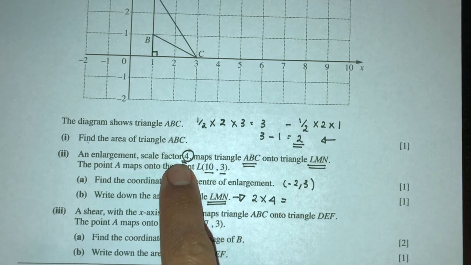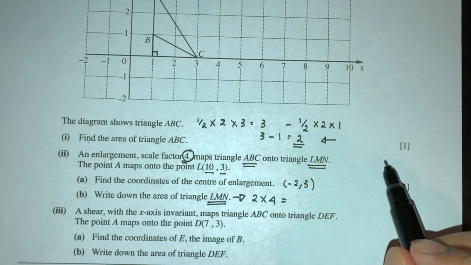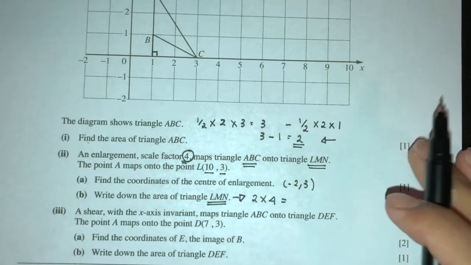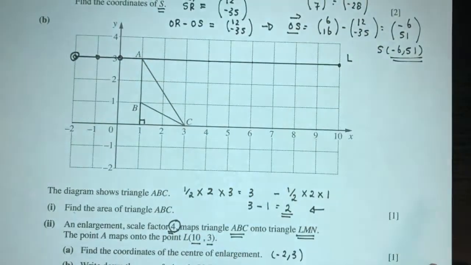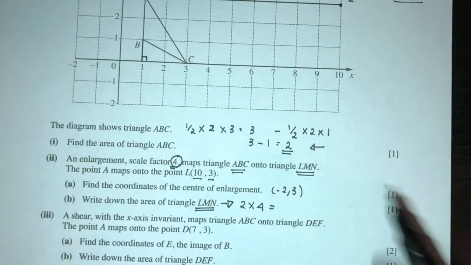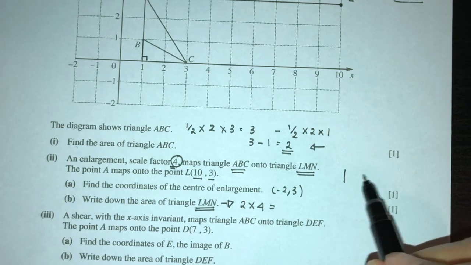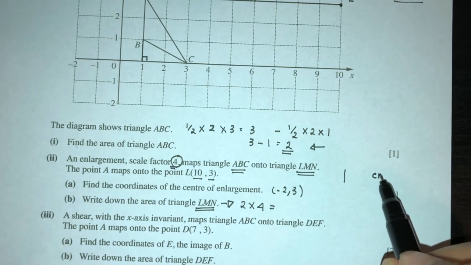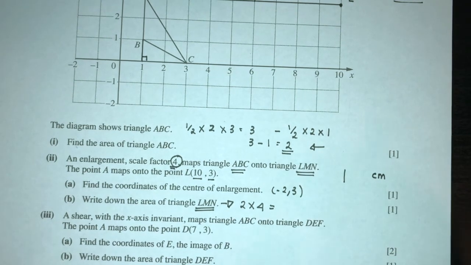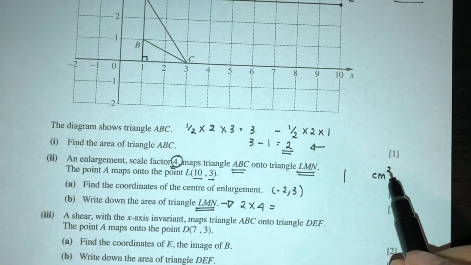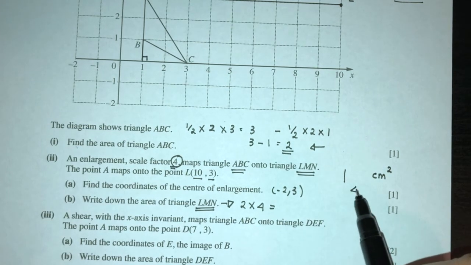4, the scalar quantity. What happens here is that the side of the triangle will be increased 4 times. The side, the measurement is centimeter, but the area will have to be increased by square times, by 4 square times.